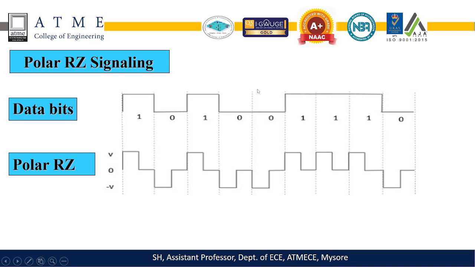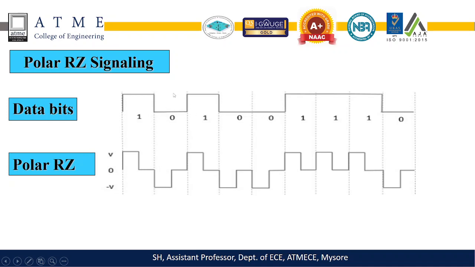Then we have polar RZ signaling, that is return to 0. Here again these are the data bits at the receiver end, and this is the polar RZ conversion of it, where whenever the data is 1, half of the bit period will be a high value and half will be 0 value. In 1 only, in between, the signal is going to 0, that is, it is returning to 0.